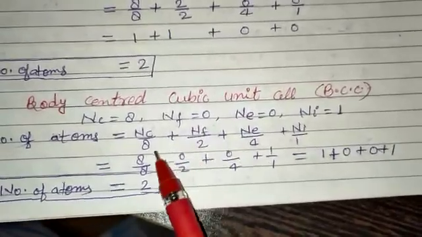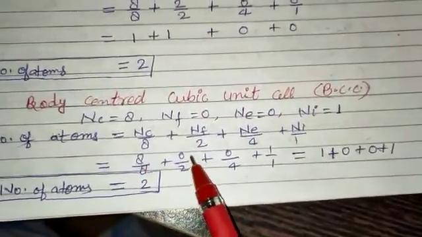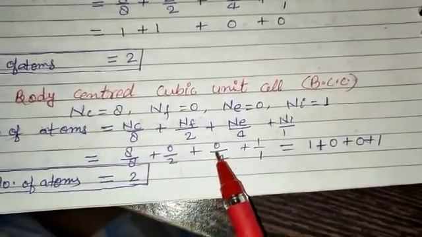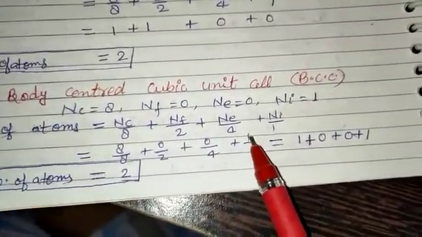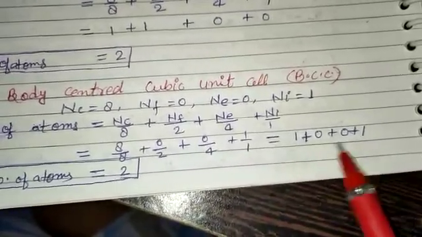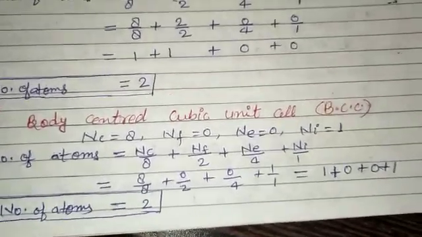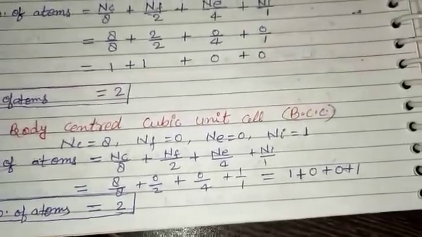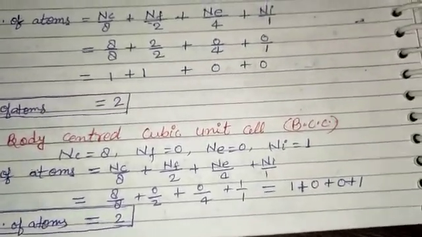So 8 by 8 due to the corner, and there is no particle at face and edges, so these become 0, and 1 particle inside the unit cell, so 1 by 1. Total number of particles is 1 plus 1, 2, in the case of the body centered unit cell. Okay, dear students, these are the calculations of particles, atoms that contribute to a particular unit cell.